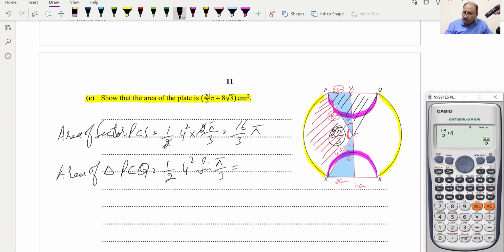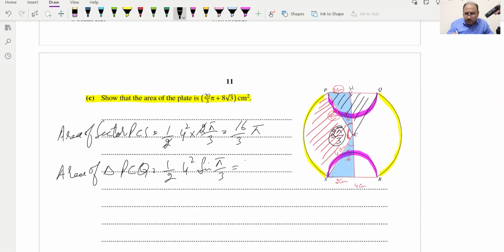So this will be equal to what? This one we can calculate. This will be 0.5 multiplied by 16 and multiplied by sine of pi by 3. So sine of pi over 3, and this will be equal to 4 under root 3. So 4 under root 3 will be the area of this one. Then the area of a small semicircle, we will have to basically subtract that area.